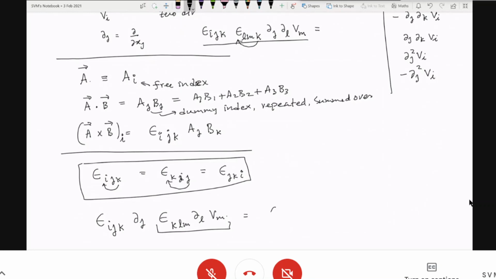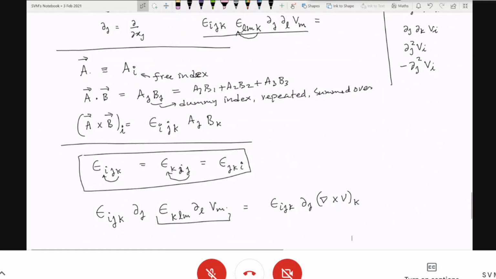So this is epsilon ijk del j into del cross V of kth element. You follow, no? This is del l Vm, like Aj Bk. So del cross V of kth element.